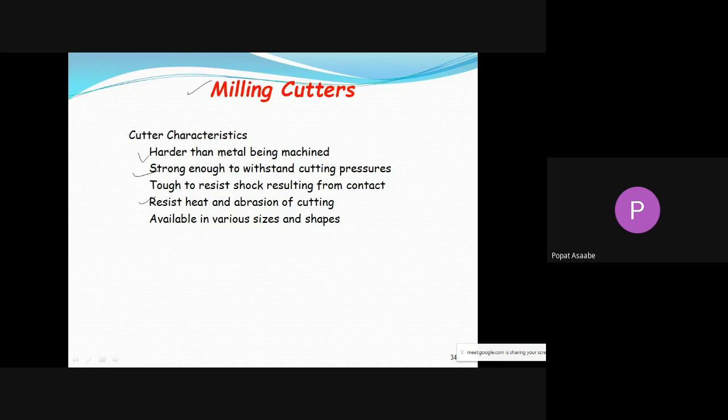Then your cutter should resist the heat and abrasion of the cutting, means it should dissipate the heat generated during the machining operation. And it should be available in various sizes and shapes. These characteristics should be possessed by the milling cutter.